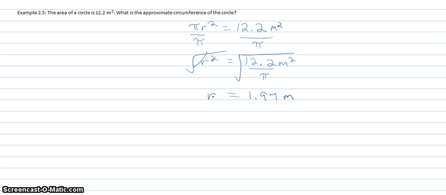Now the area, or not the area, the circumference of a circle is 2 pi r.